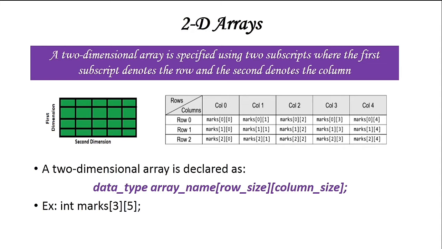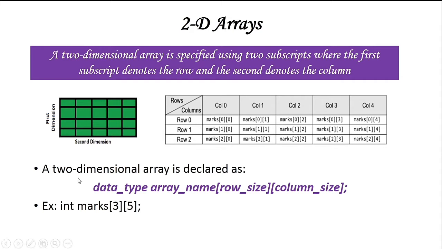But if you have both horizontal as well as vertical sets of elements, then I can call it a two-dimensional array. That means you will have both row and column in the two-dimensional array. We need to denote it using two different indices: one is the row index and the other is the column index.